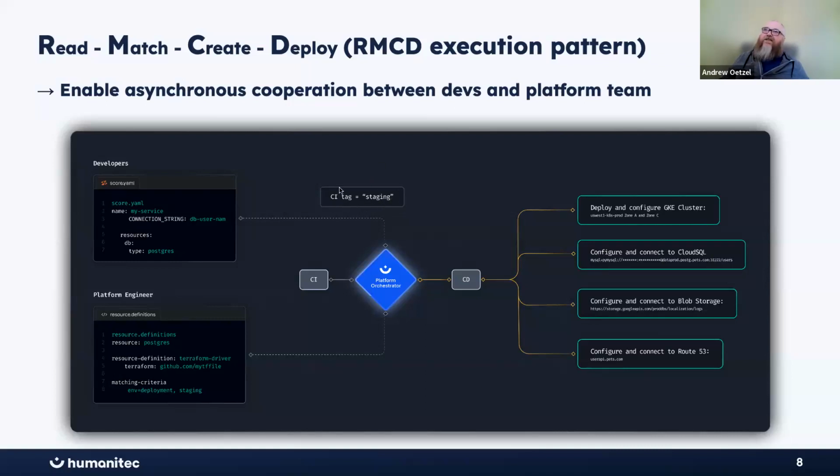So CI tag of staging. So then it makes those matches. It makes all of the proper matches for a staging environment. Then it creates any of the necessary resources. So if the S3 bucket doesn't exist, Humanitec will create it. If the S3 bucket does exist, Humanitec will connect to it. So either one is an option. And then once everything is created, finally the last step is Humanitec will deploy that particular workload. So that's the read, match, create, deploy.